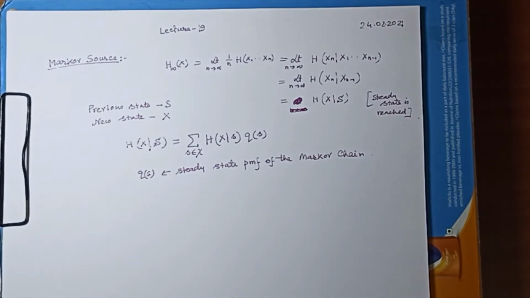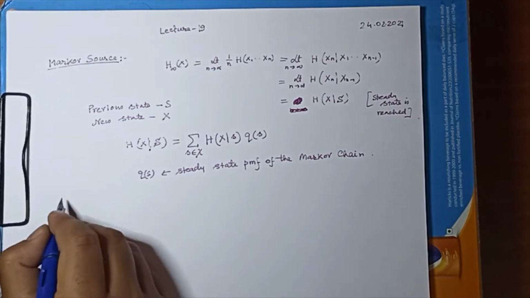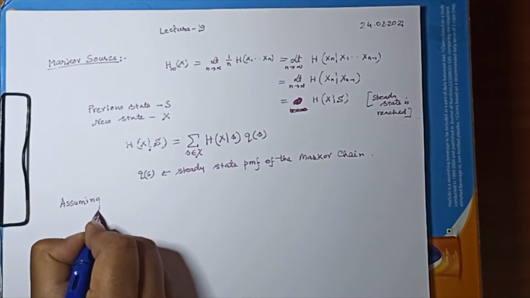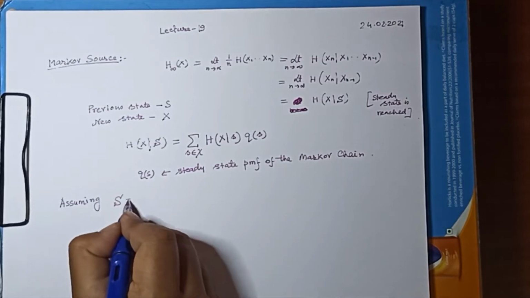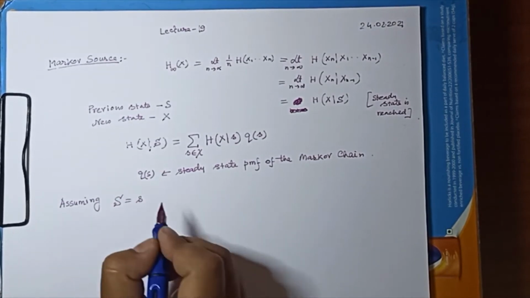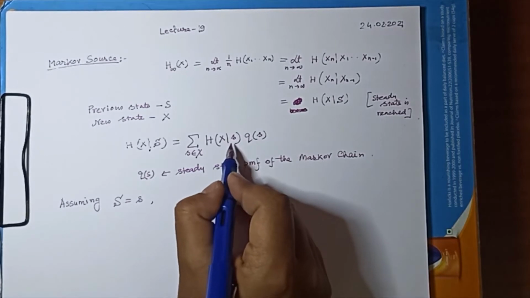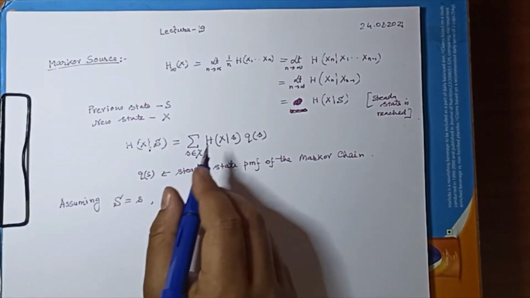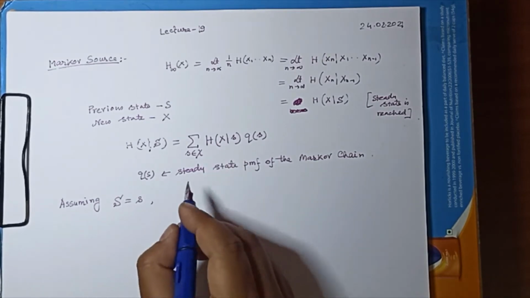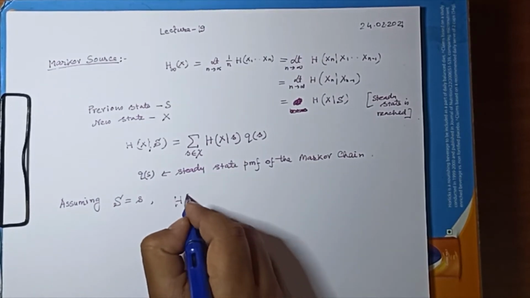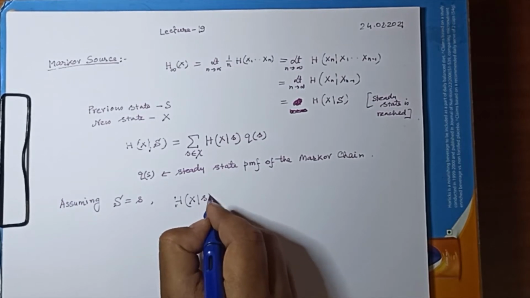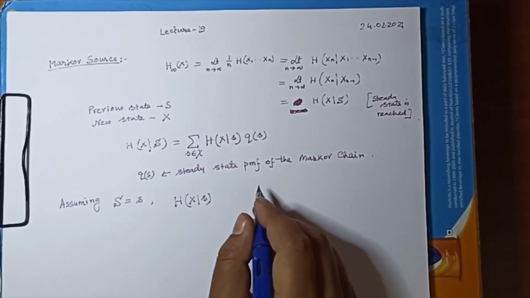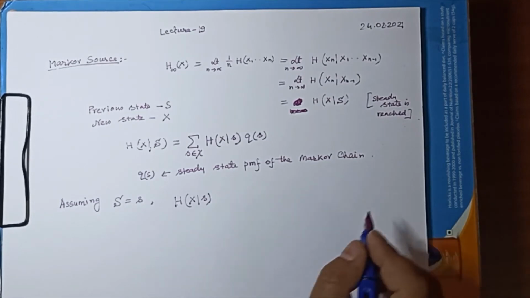Now assume some instantiation of the previous state, S equal to some small s. That is now a real number, some instantiation. What will be the corresponding entropy? The entropy will be H of X given that value s, which you can compute from the PMF of the corresponding row.